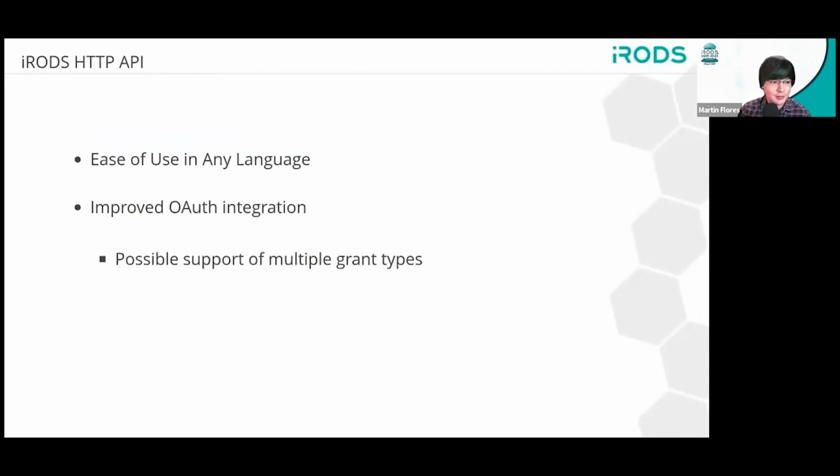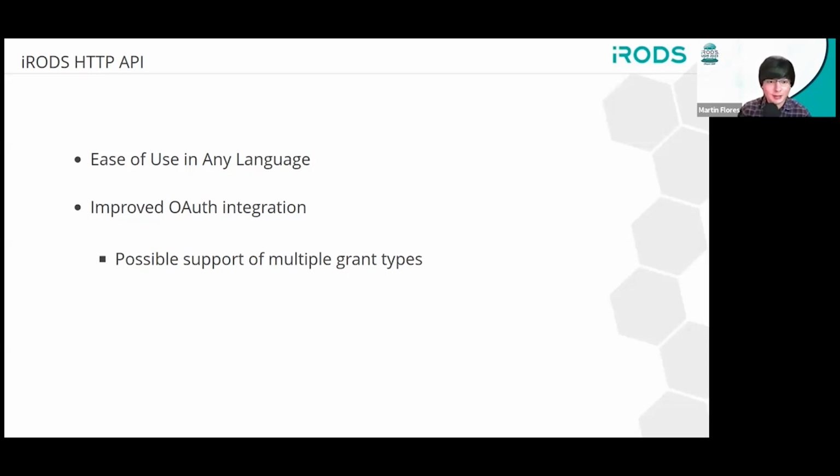Moving on to the HTTP API, aside from the benefit of it being relatively easy to use in any language, as long as you can make HTTP queries, which most languages, if not all, support, it also brings an opportunity for improved OAuth integration. This is largely because the HTTP API, as it says in its name, does natively support HTTP, which OAuth is basically running on.